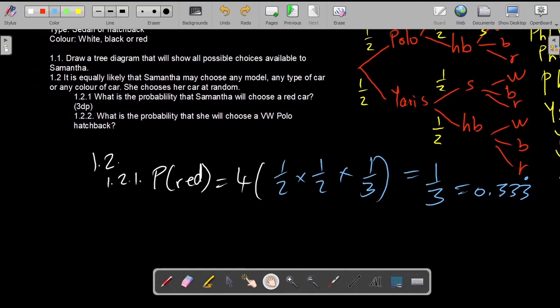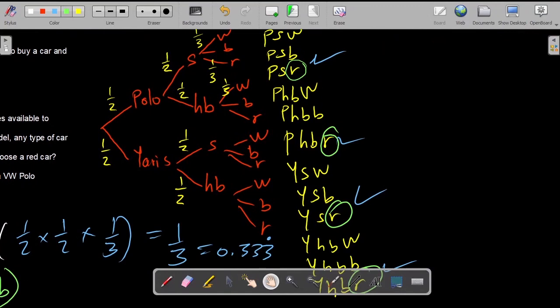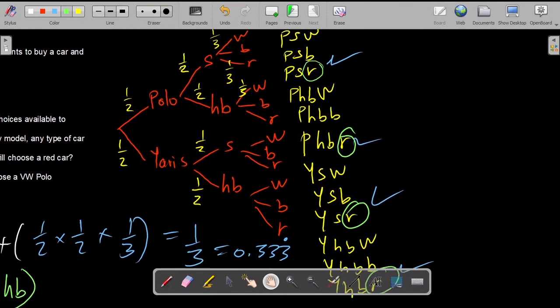Now in the next question, it says, what is the probability that you choose a VW hatchback? So there are 2 conditions here. We know that it has to be a Polo and it has to be a hatchback. So we can't just choose any hatchback and we can't just choose any type of car.